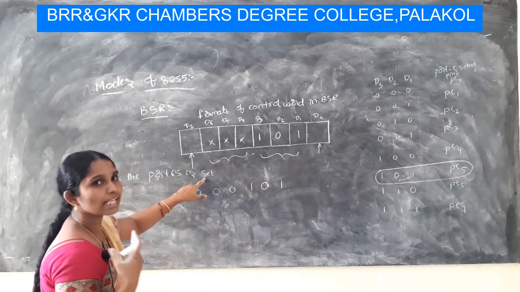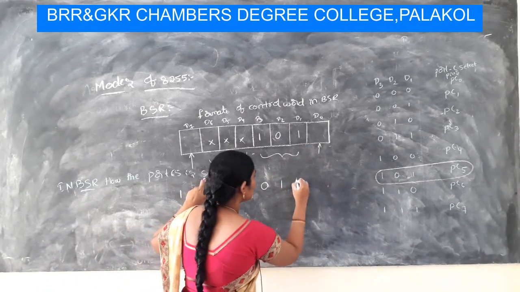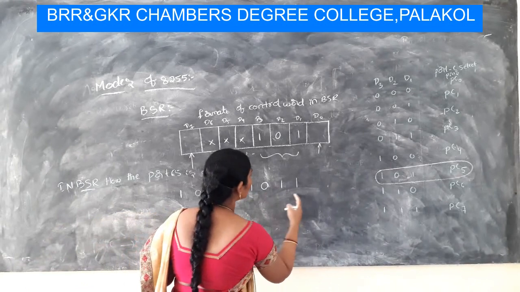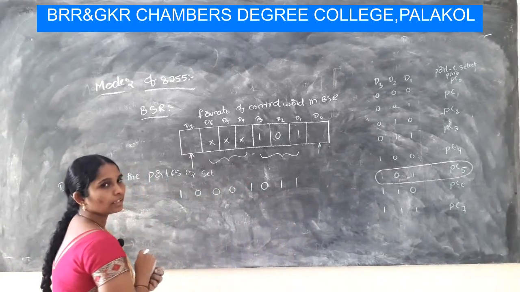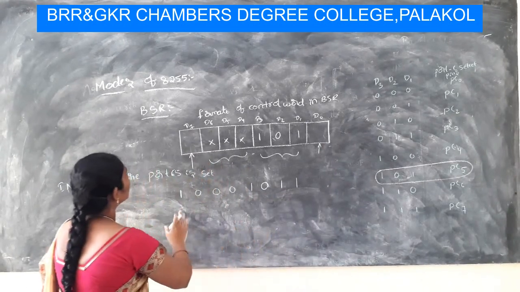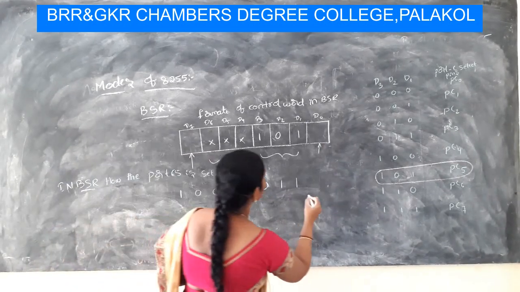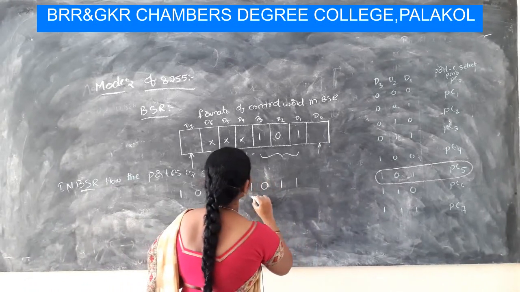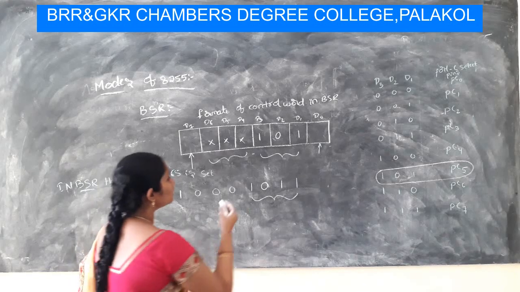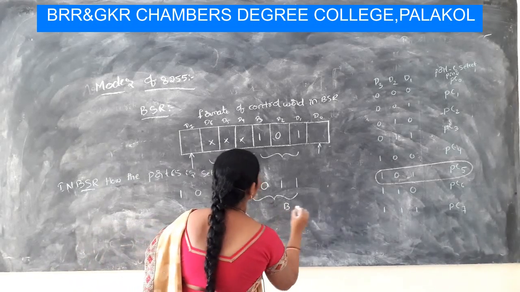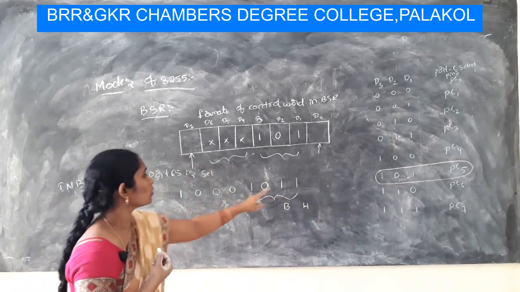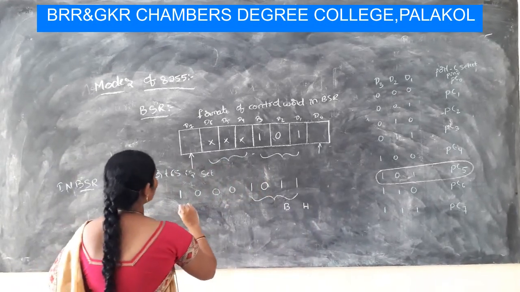The question says set, so set is 1. Finally, the 8 bits of the control word are formed like this. So what is the total value of this? Here this is BH.